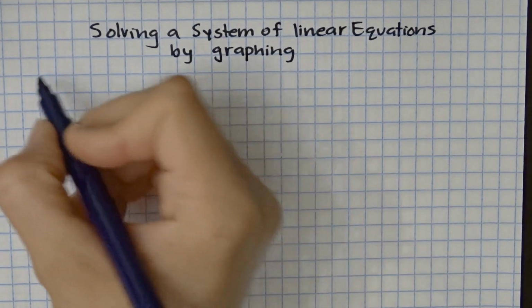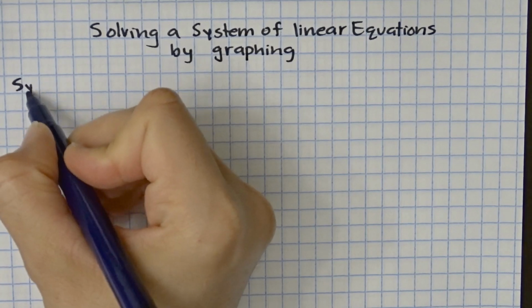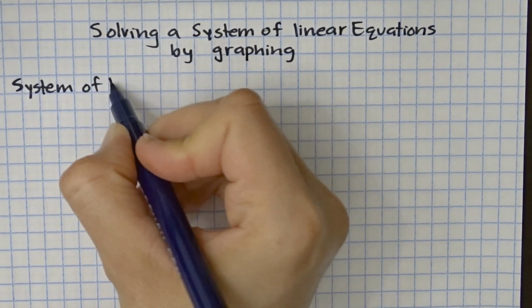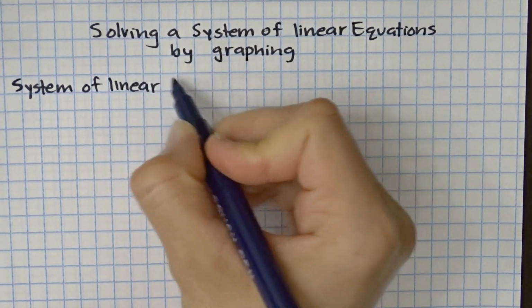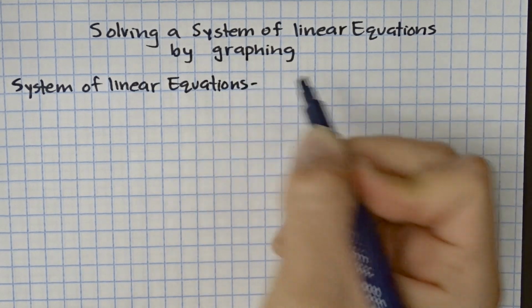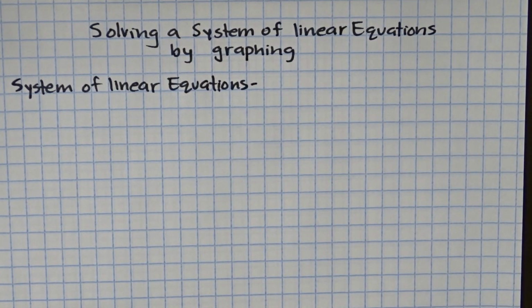So let's write that down. System of linear equations is just a set of two or more linear equations in the same variables.